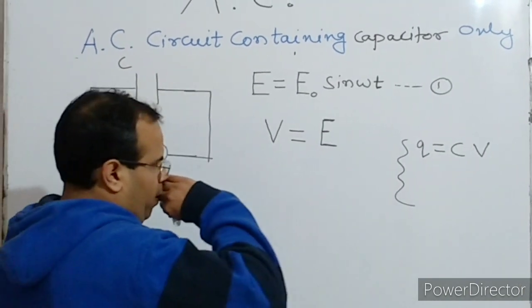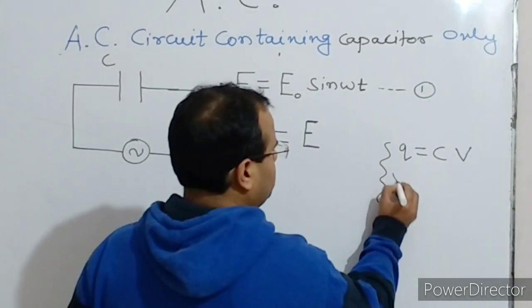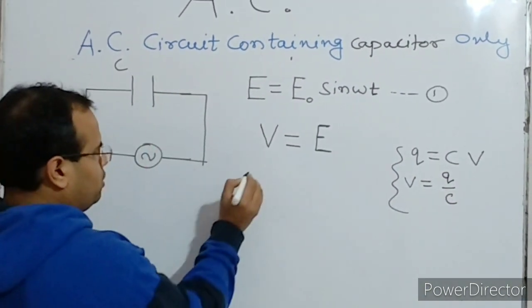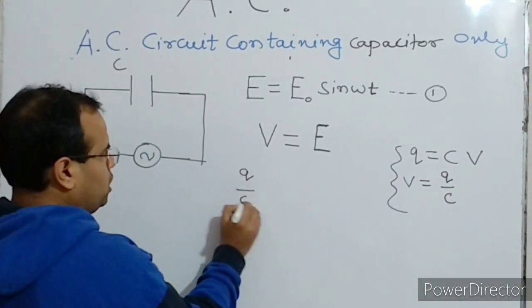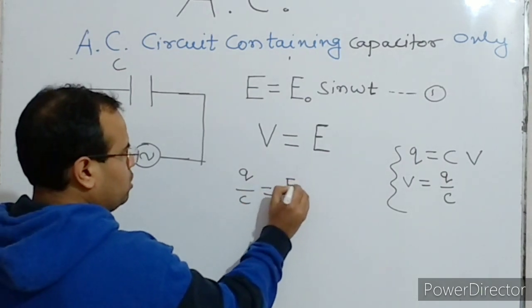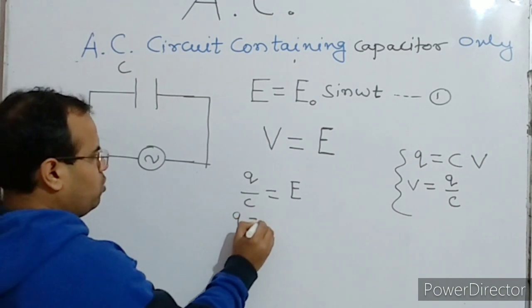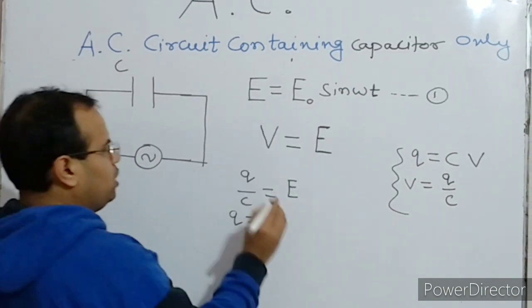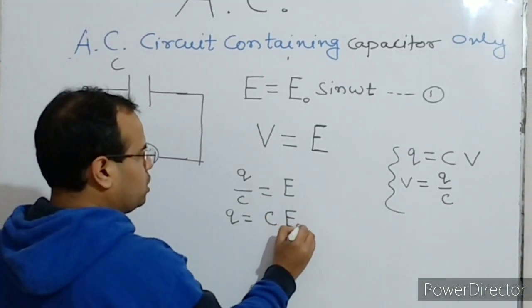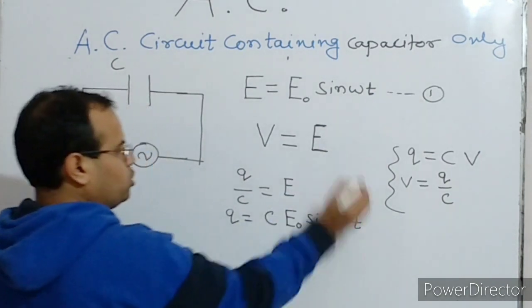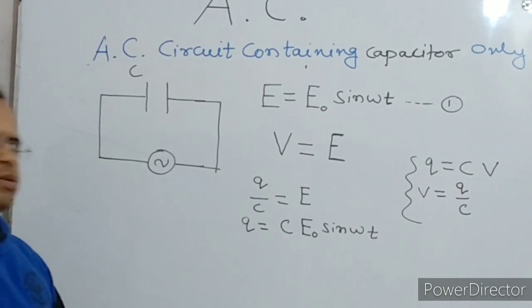Now V is equal to Q upon C, and that is equal to E. So Q is equal to C into E, where E is E naught sin omega t, from equation number 1. So now we have the expression for charge.